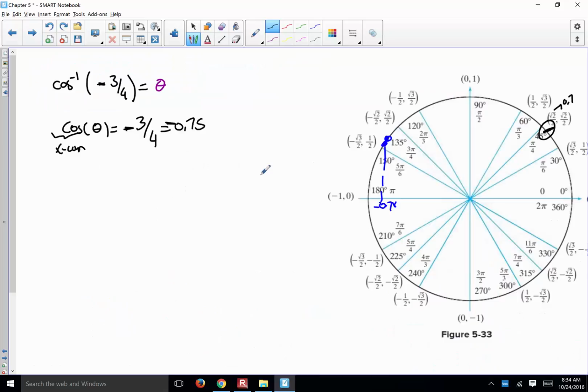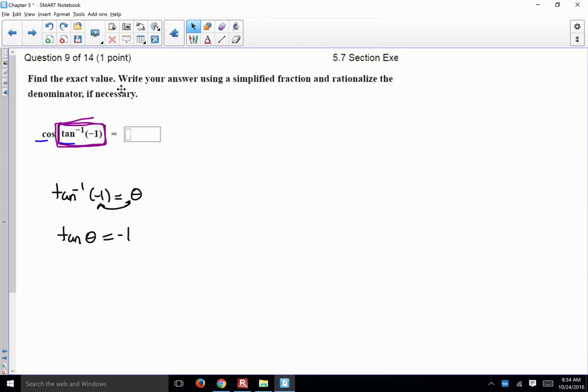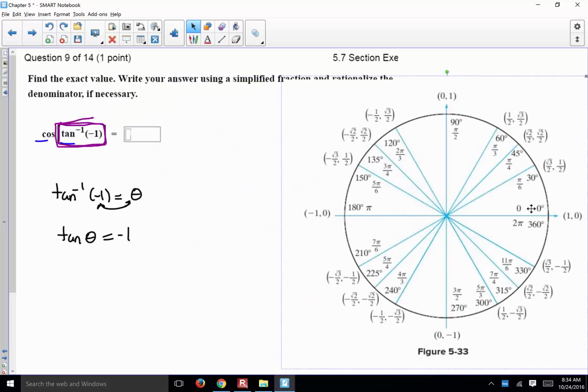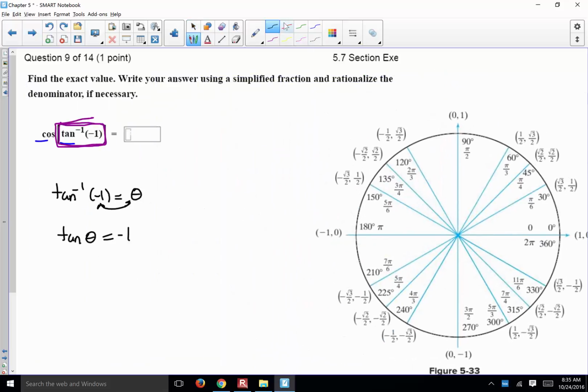Alright, you have two options. You can use the wheel. -1 means, remember how we did +1? Y coordinate and X coordinate ratio must be the same so we can get +1, right? That's how we did it. To get the -1, tangent means Y coordinate over X coordinate. They must be opposite sign.